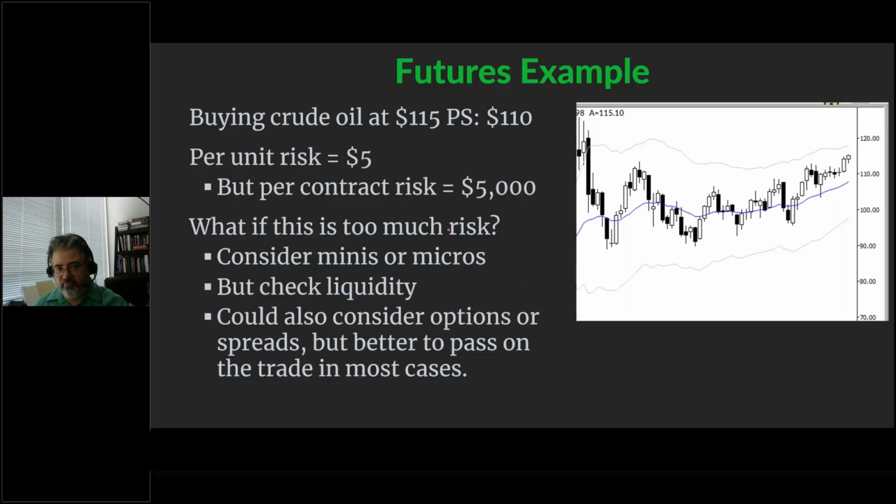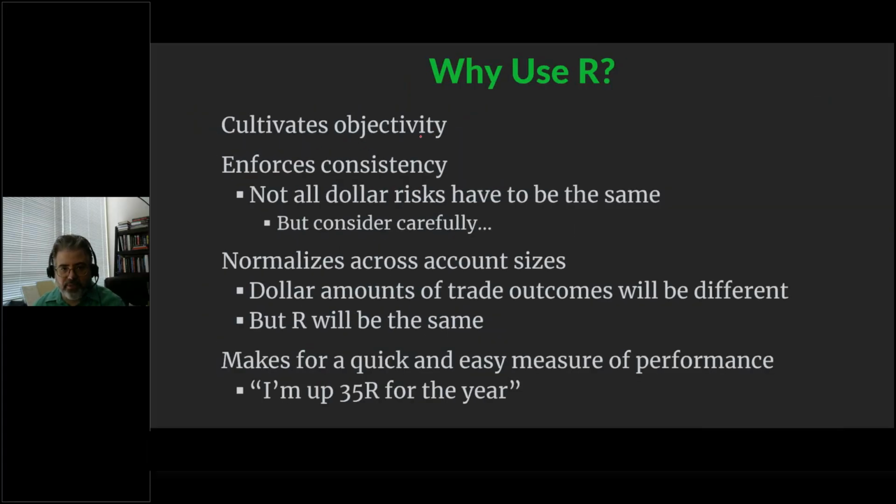And if you are trading futures, there's a complication here because you need to understand, if that stop is hit on a single contract, what is the dollar impact, and then you need to size appropriately with the number of contracts. And again, that's why we're using objectivity and consistency.